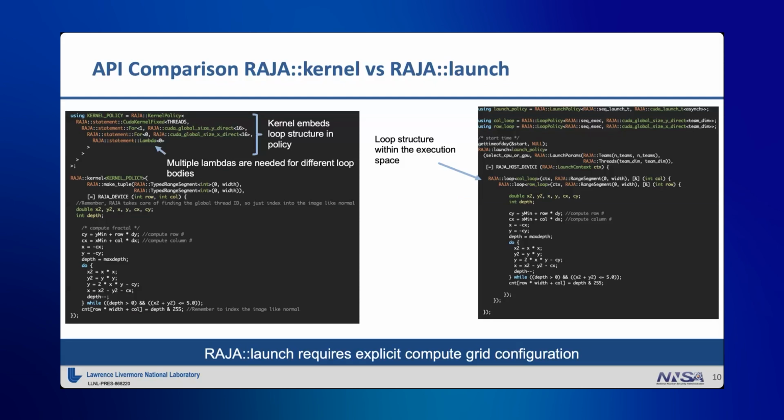We can't really do that right now with launch. You would have to actually go into the source code and change the loop levels. But if you want to have multiple sets of loops, maybe they're not perfectly nested, it can be easier to express that in launch versus kernel, where you may need multiple lambdas for different loop bodies. So, depending on your use case, it may be easier to express your code with one API than the other.